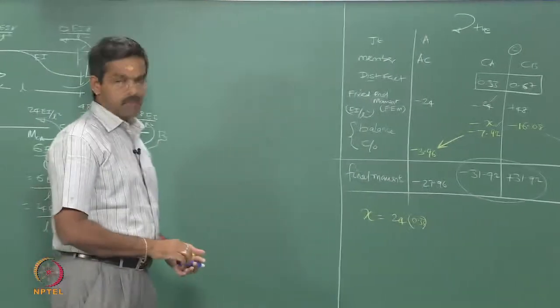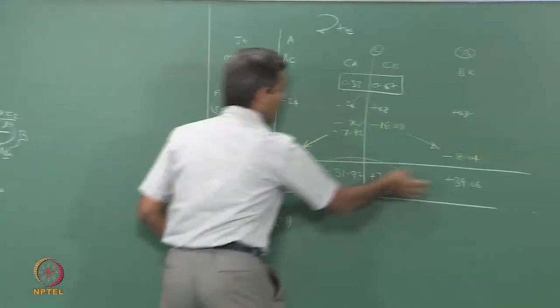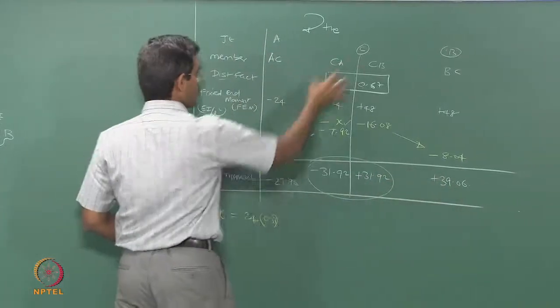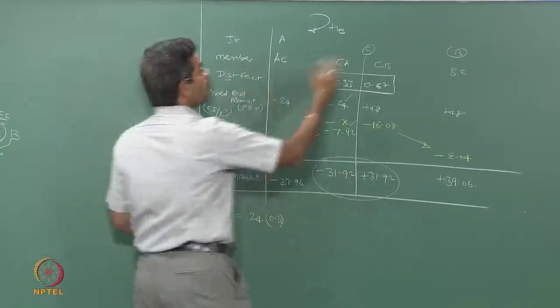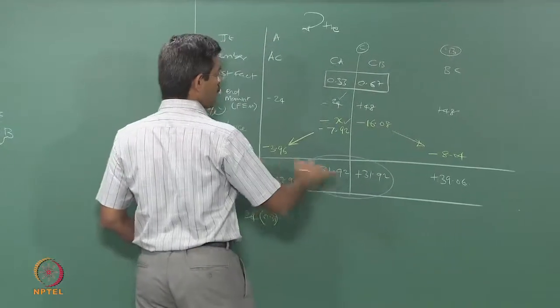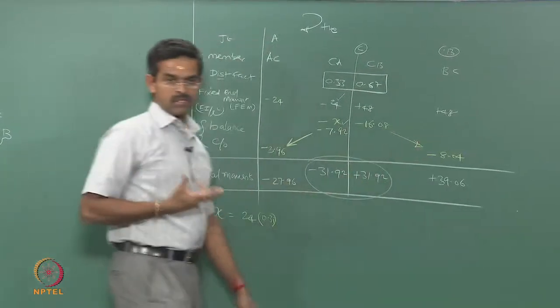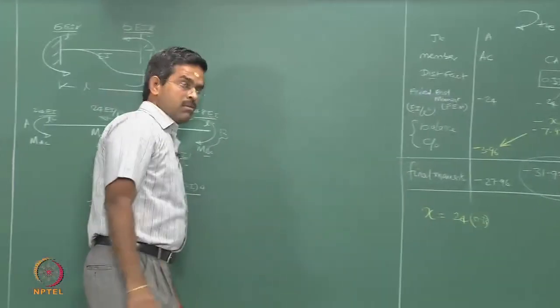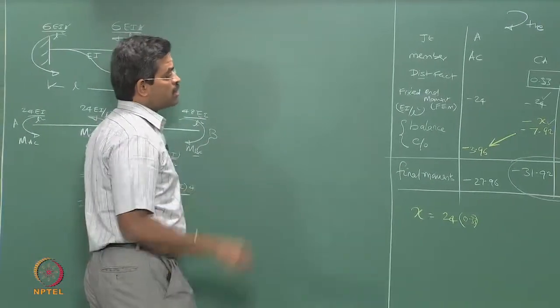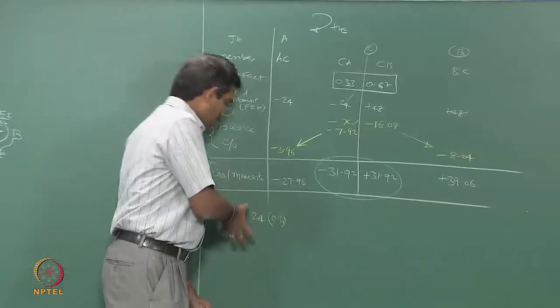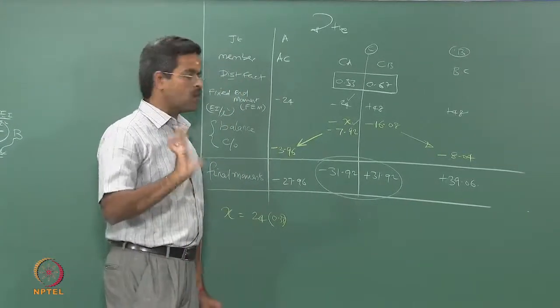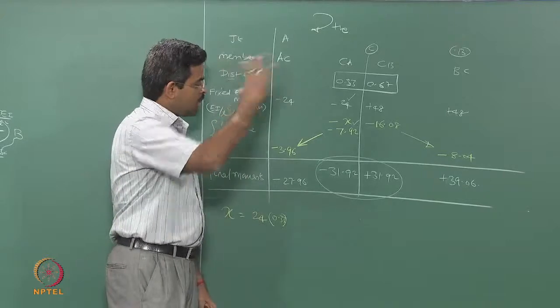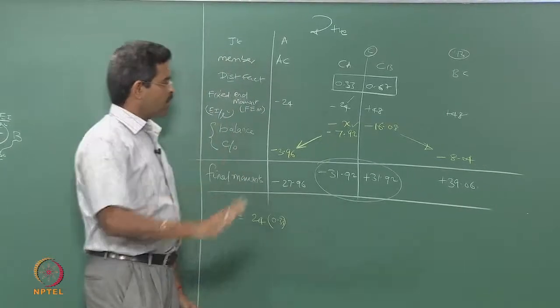They are final moments because the joint is balanced. Now, if you have more than one joint, in one cycle all the joints may not be balanced. So, you keep on doing this cycle until they are balanced, but moment distribution has a limitation. You can modify this method within 3 cycles, you can balance it. We are not looking into the description here, that is all in the mechanics class, we will forget about that.